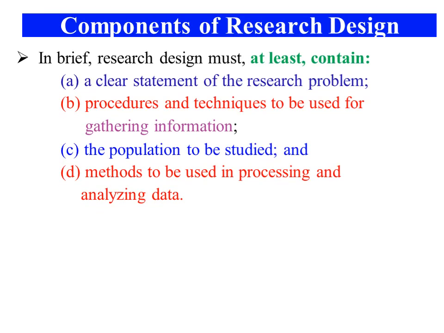Components of a research design. In brief, a research design must at least contain a clear statement of the research problem, procedures and techniques to be used for gathering information, the population to be studied, and methods to be used in processing and analyzing the data.